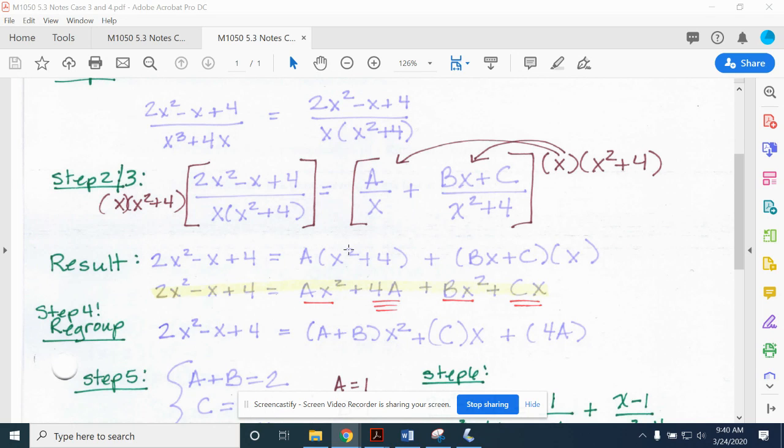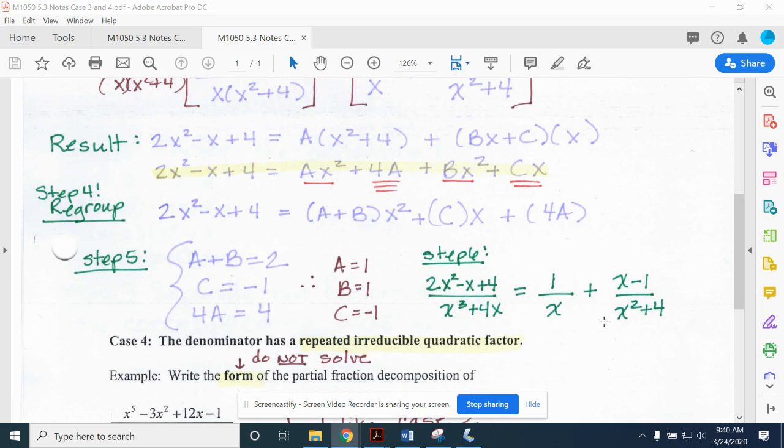Then we continue on by multiplying it through, and we get our multiplication out in linear form, regrouping it. As you can see, I underlined as I did before. With the x squares, I have A plus B. For just plain x's, I have C. And for constants, I have just 4A.